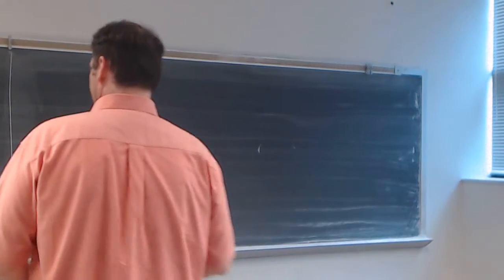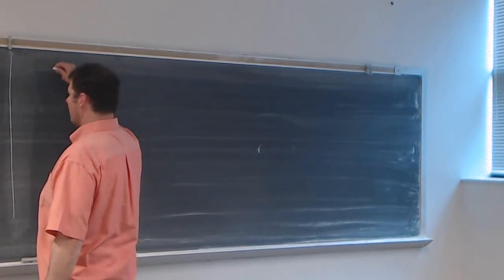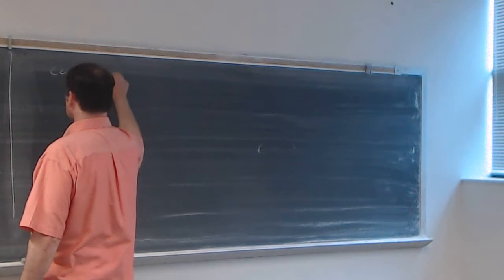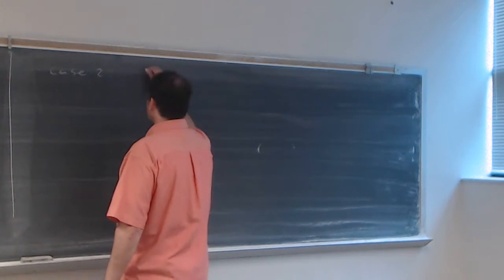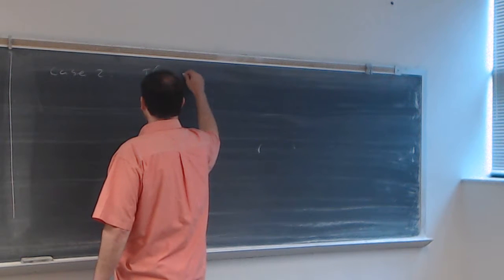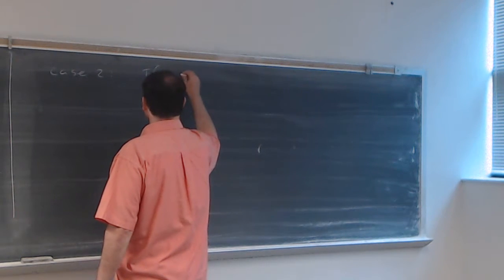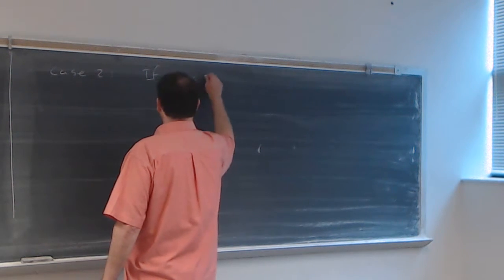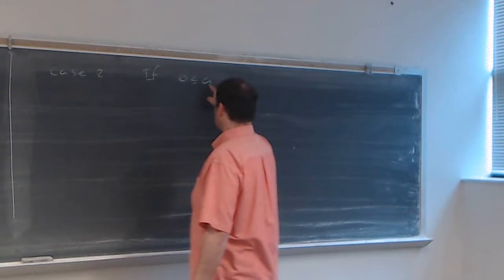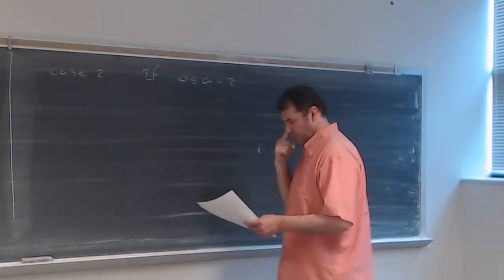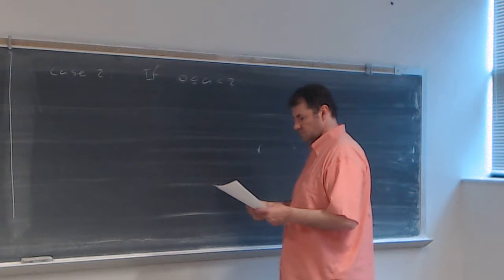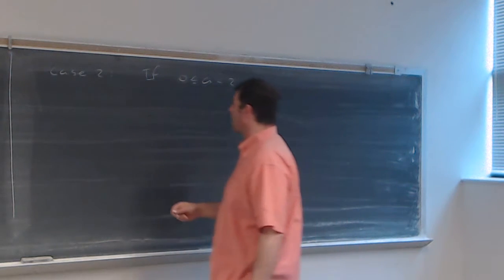Really, I'm going to work on A more than I am anything. And so for case 2, if A is sandwiched in between, let's say 0 is less than or equal to A is less than 2, then we'll talk about what B can be.